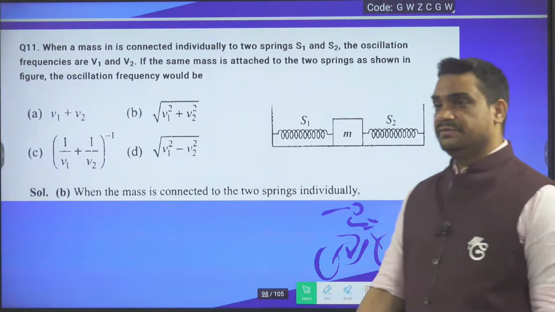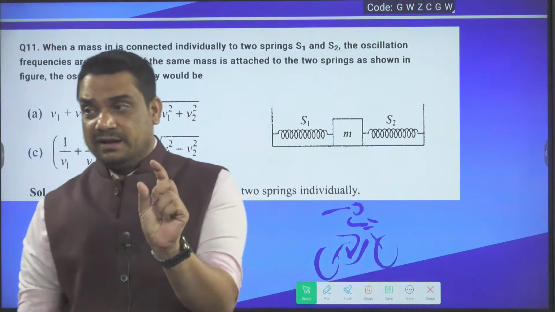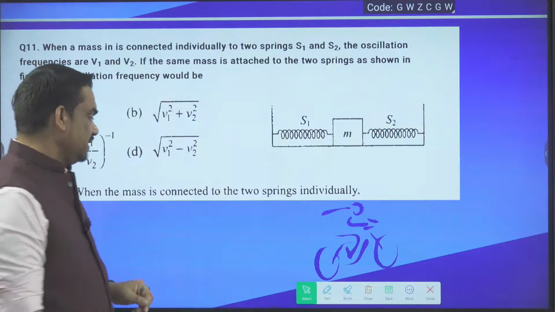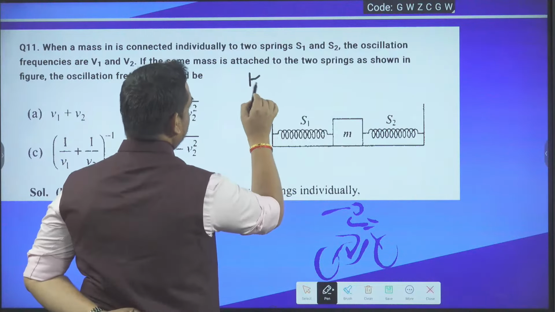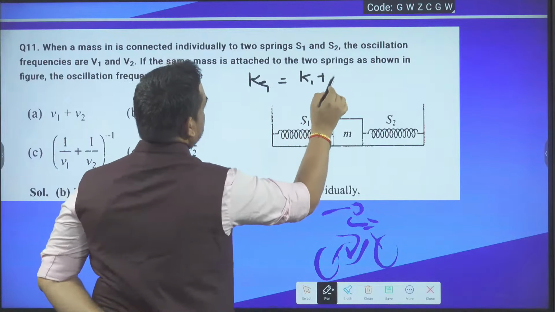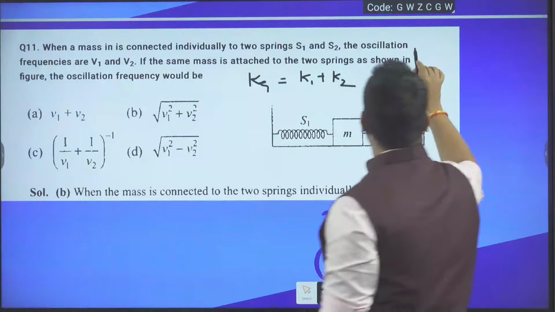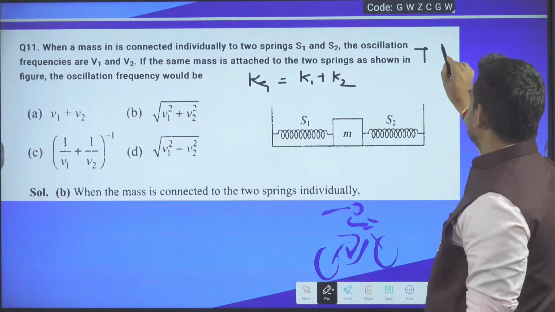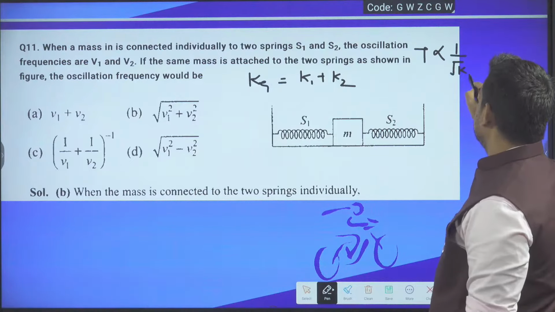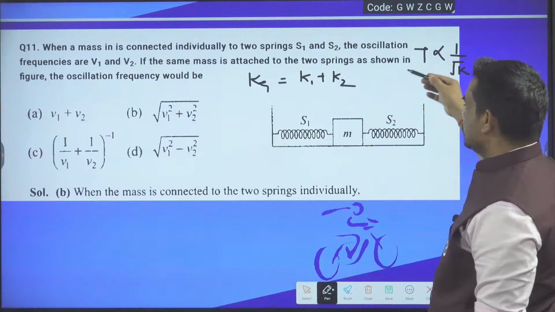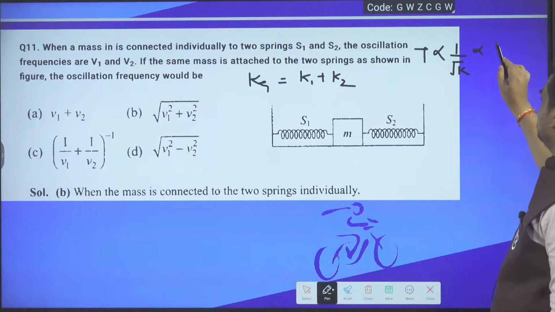Now this comes here when again this is the parallel. Parallel one is very important here. We know in the parallel K equivalent is given by K1 plus K2. We know T is proportional to under root 1 by K, and they are asking in terms of frequency, so we can say basically 1 by f.